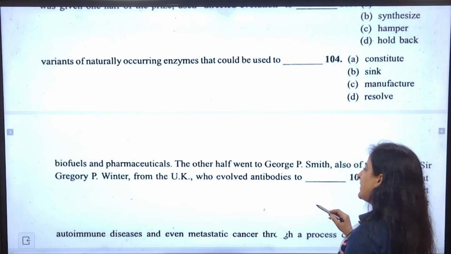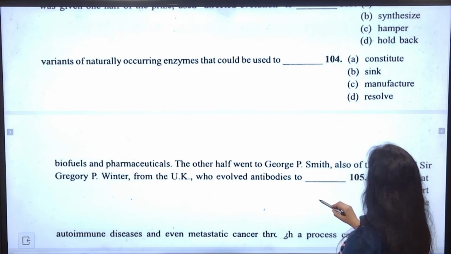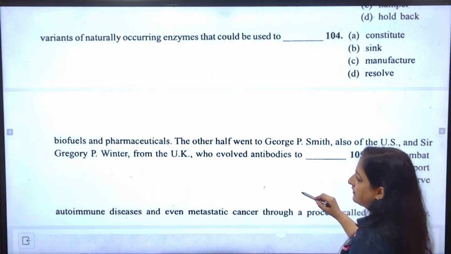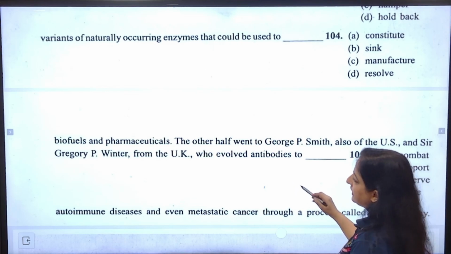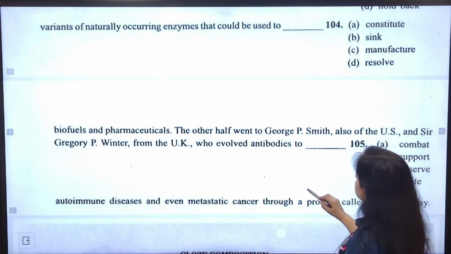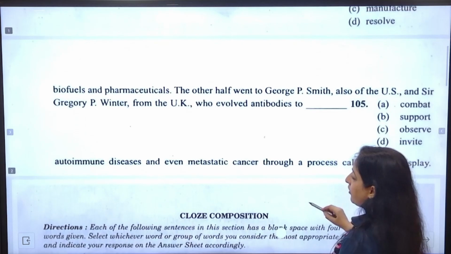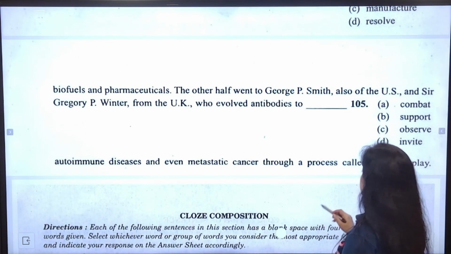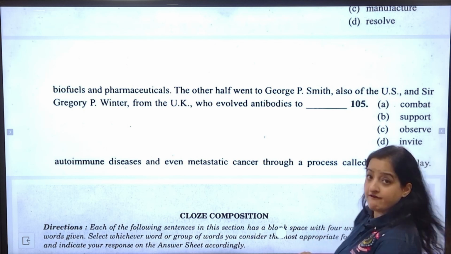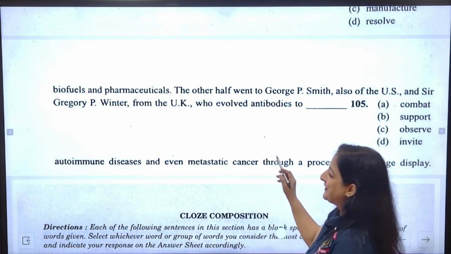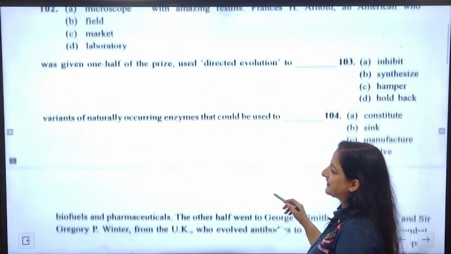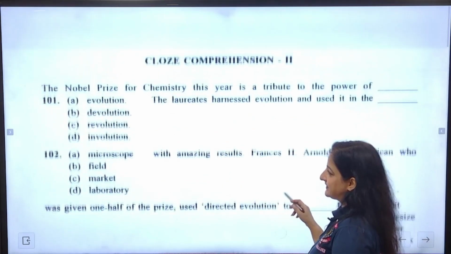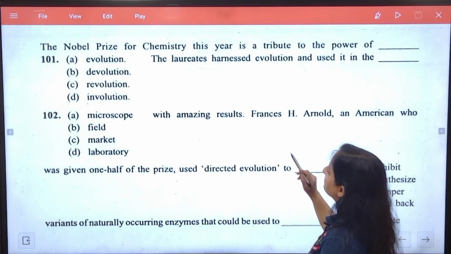The other half went to George P. Smith, also of the US, and Sir Gregory P. Winter from the UK, who evolved antibodies to autoimmune diseases and even metastatic cancer through a process called phage display. So we do get some context, okay, it's about scientists and there's some experiments and all right.